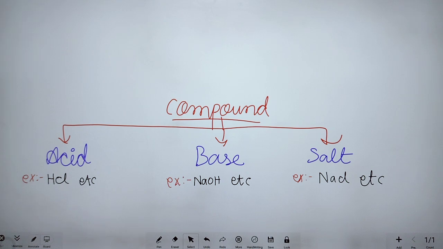And A, on the basis of their origin, there are two types of compound: organic compound and inorganic compound. So I hope you understand what is compound and classification of compound.